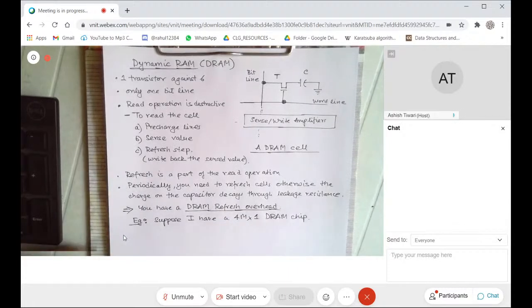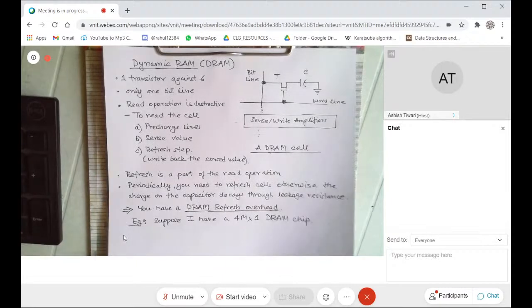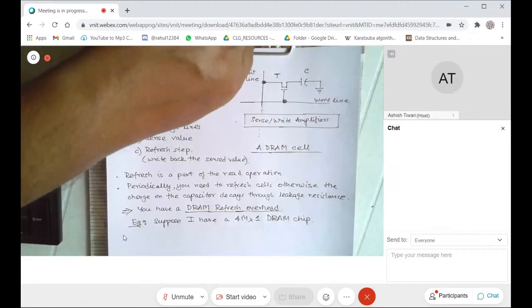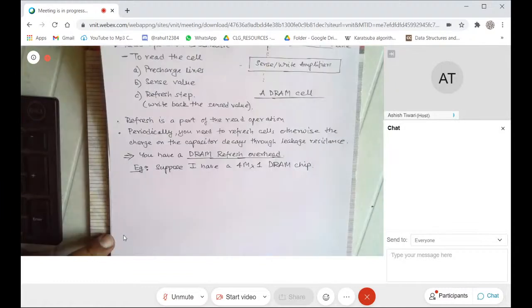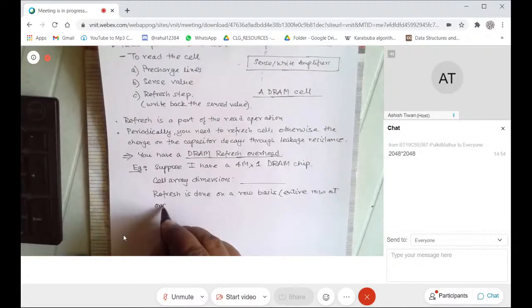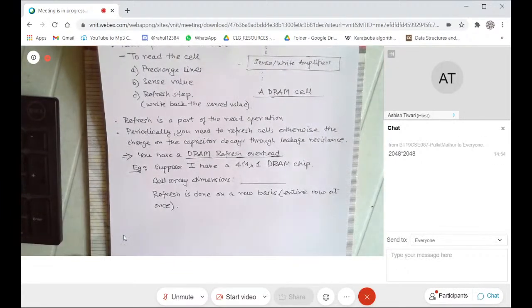And for the time being, you don't worry about it. Think of this as very similar to the SRAM. So you do refresh on a row basis, right? And I will give you some values.